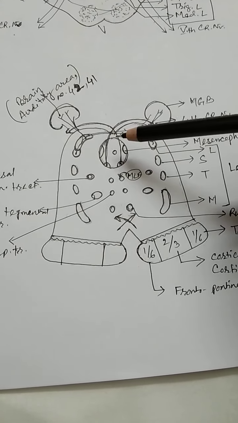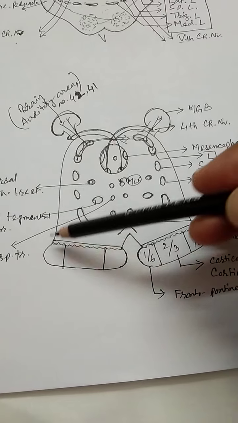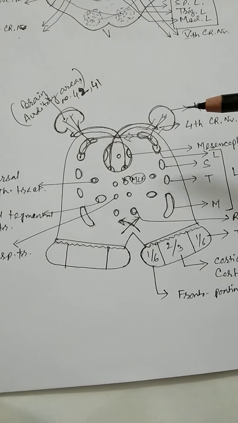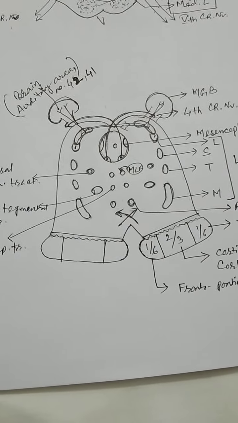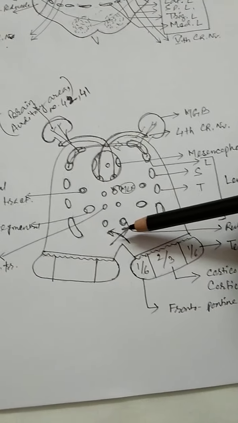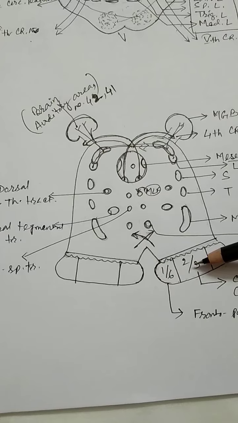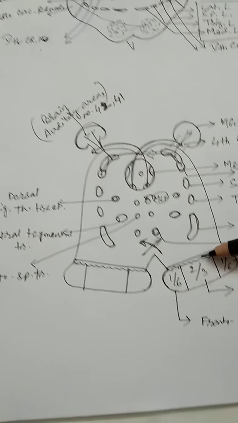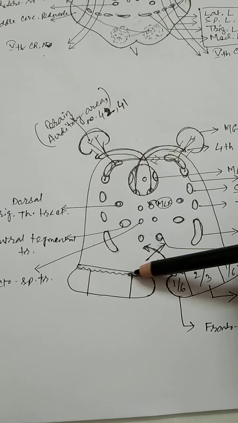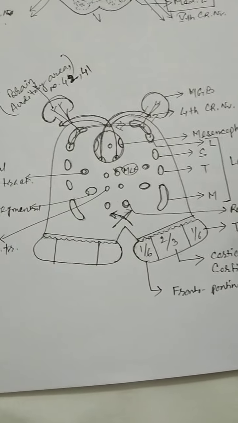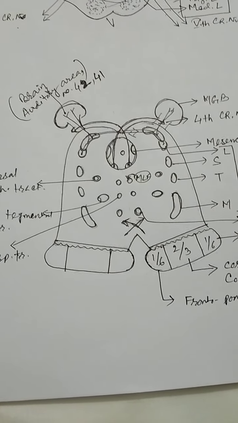The midbrain can be divided into three components. The anterior-most component of the midbrain is called the cerebral peduncle, which is in front of the substantia nigra. The substantia nigra contains melanin pigment and is also rich in iron.